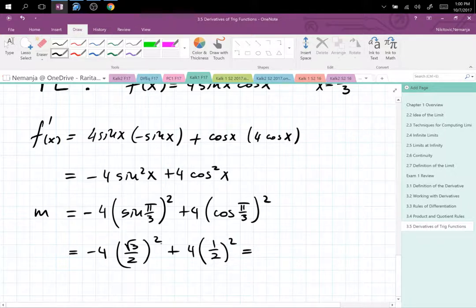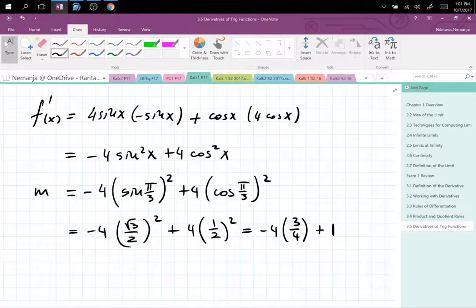When you square this, we get -4 times 3/4, right? Square kills the root, and then 2 squared is 4. Plus 4 times 1/4, because 1/2 squared is 1/4, and 1/4 times 4 is 1. So now 4 and 4 cancel, and the slope is -2.